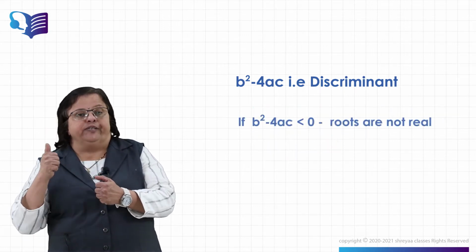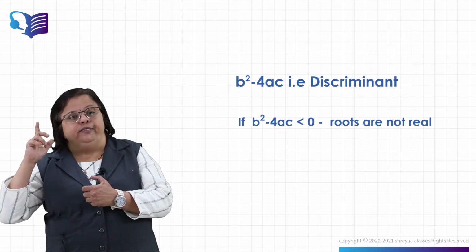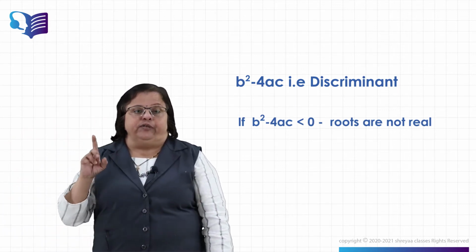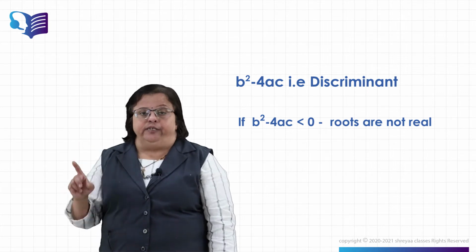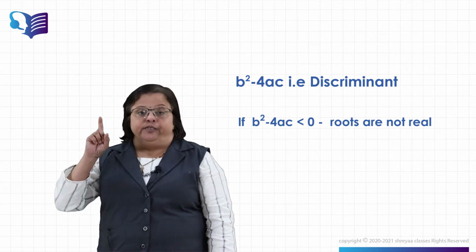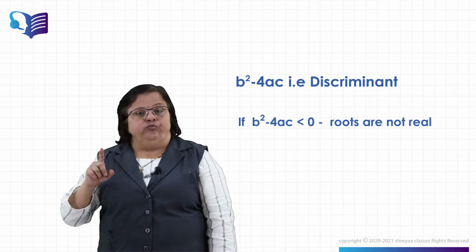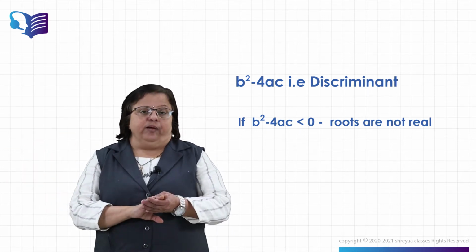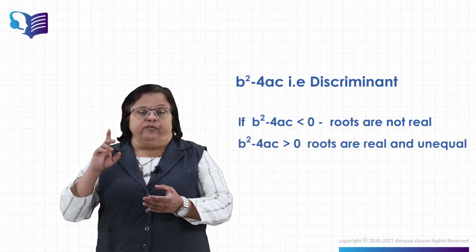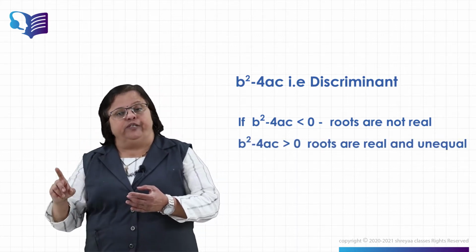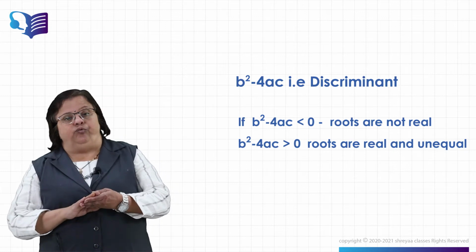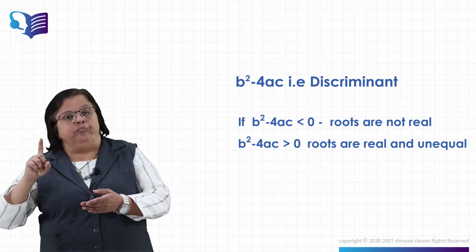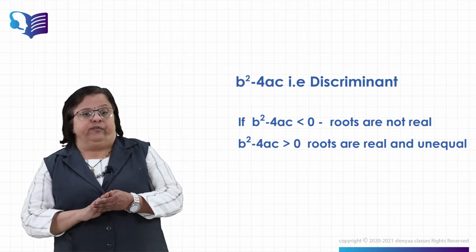If b square minus 4ac is less than 0, that is, it is negative, then the roots are not real. If the value of b square minus 4ac is greater than 0, then the roots are real but unequal.